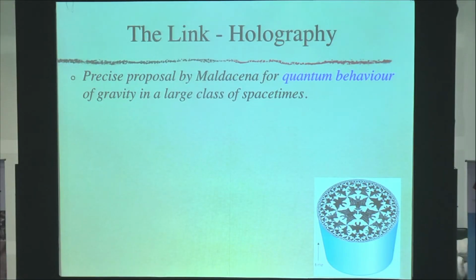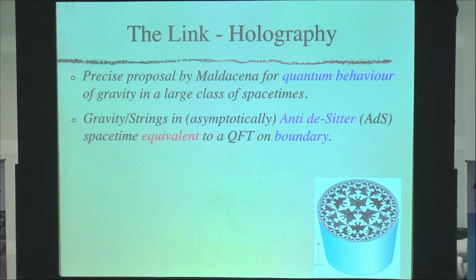But Maldacena made a precise proposal for a class of space-times which you can depict in this hyperbolic fashion of Escher, and these are the AdS space-times that cropped up in Subir's lectures, anti-de Sitter space-times. This is a caricature of a three-dimensional anti-de Sitter space-time, which will actually play a role in what I'll have to say later. So this vertical direction is the time direction, and these Escher drawings indicate the hyperbolic nature of the spatial slices.